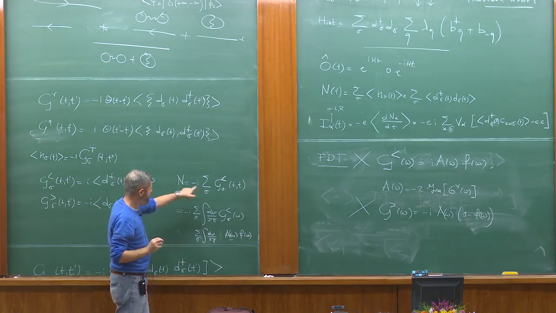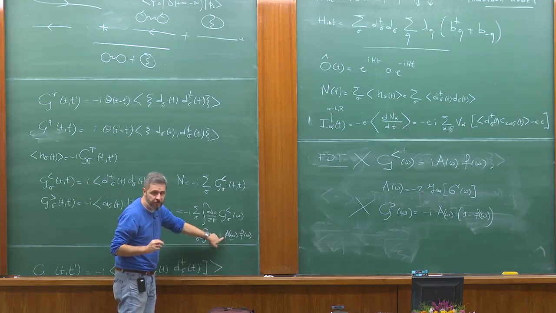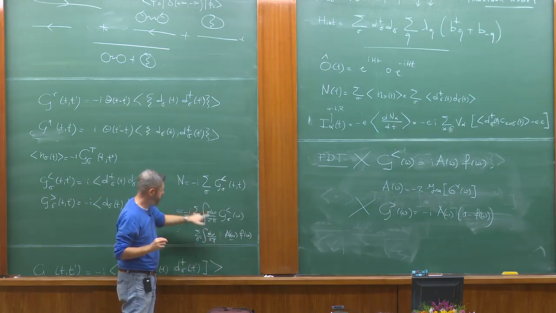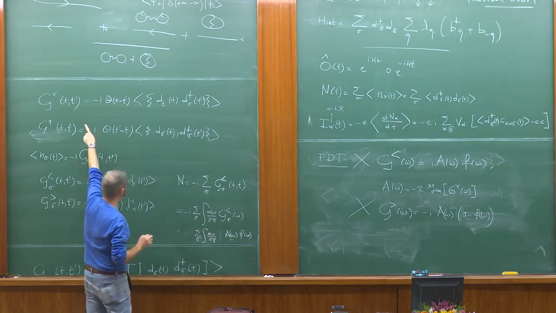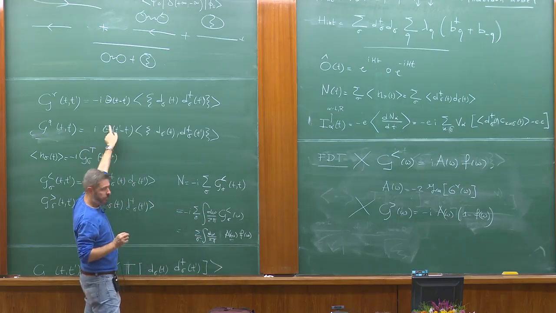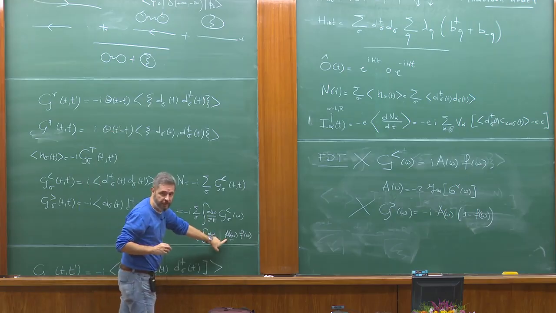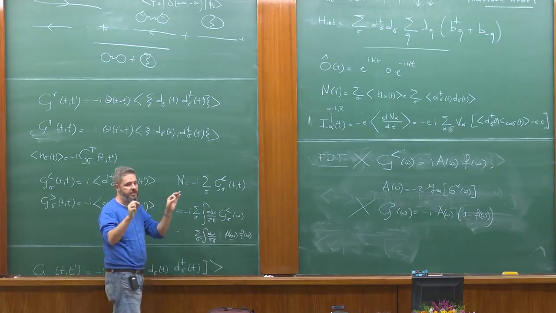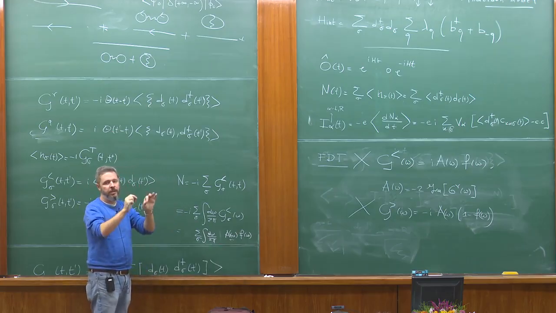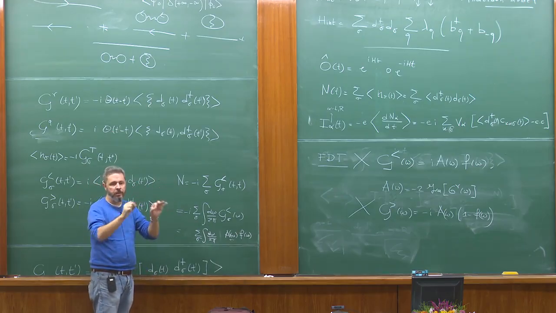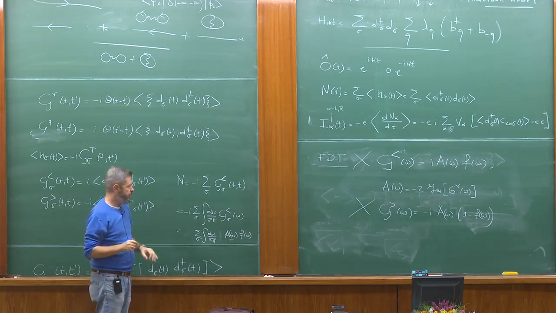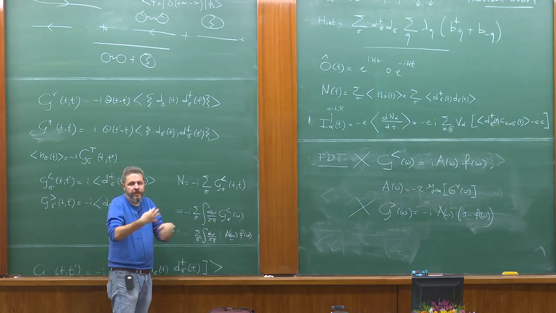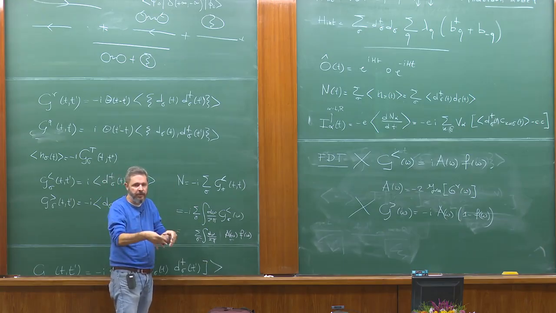So you see, if I use the fluctuation dissipation theorem, if I want to compute this number, I just compute the retarded Green function, take the imaginary part, I have the spectral density, and then compute this integral. The spectral density is essentially telling me the weighted spectrum associated to that local operator, the one that is explored by creating and annihilating particles with that operator.